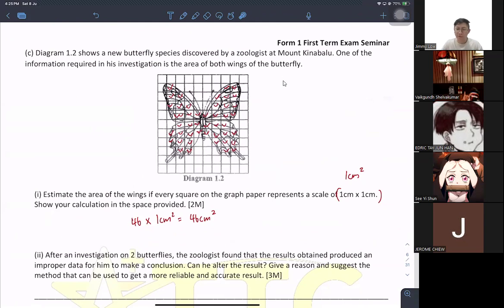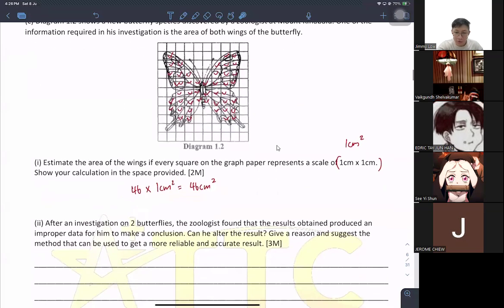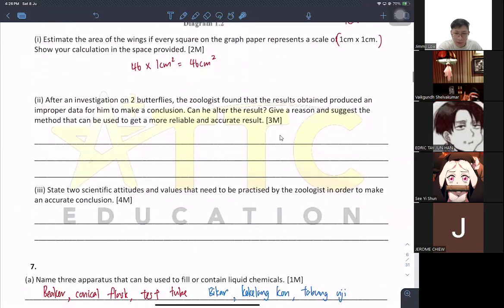But what I want to emphasize is you have to see how many marks are given. If the question is given 2 marks and tells you to show the calculation, you don't just write down the answer. You will get only 1 mark, or you may not get any mark from this question. So remember, write down the value and the calculation, everything. The rest of this part is not so important.